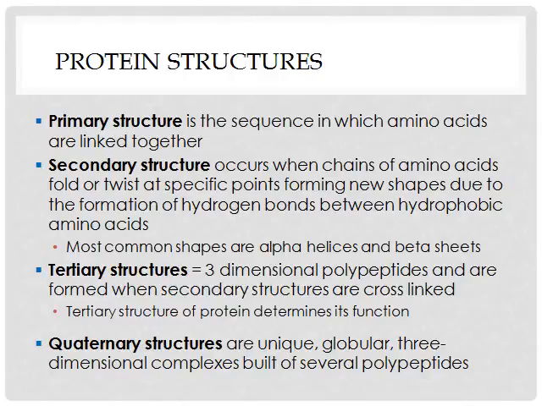The most common shapes are alpha helix and beta sheets. An additional importance is their tertiary structure or three-dimensional structure. How they're formed as their secondary structures are cross-linked. And then there's their quaternary structure, or their unique globular three-dimensional complexes made of multiple polypeptides. All of these together can determine the biologic activity of the protein that's produced.